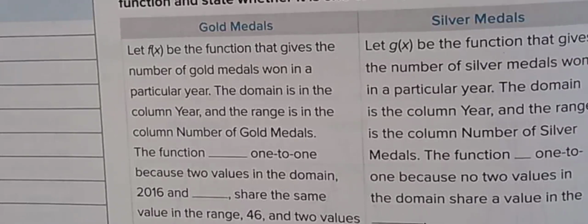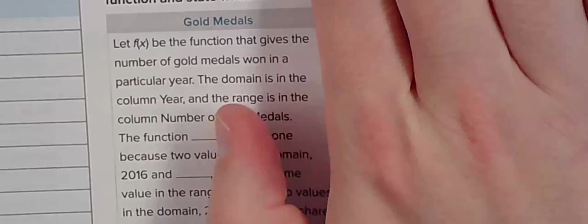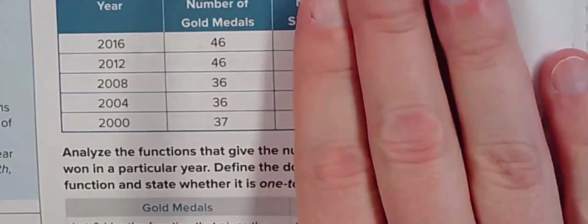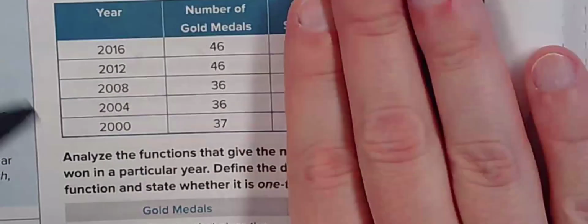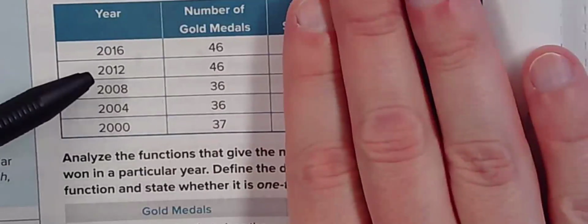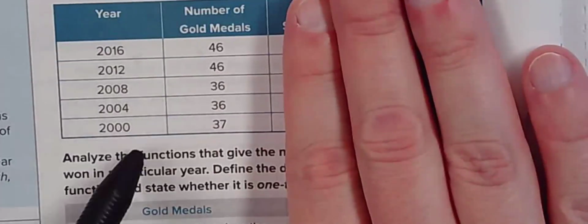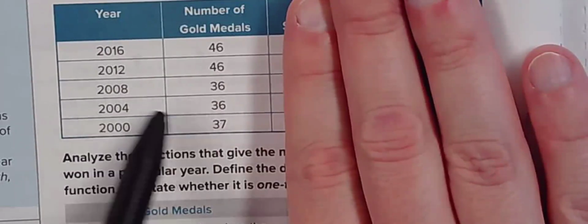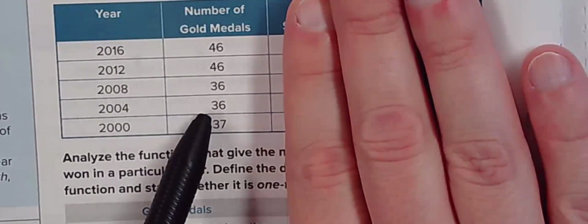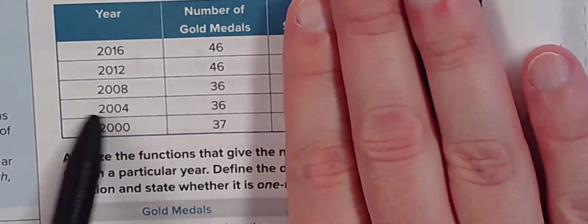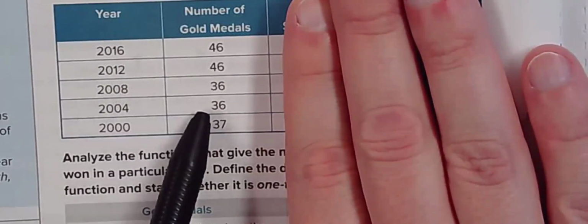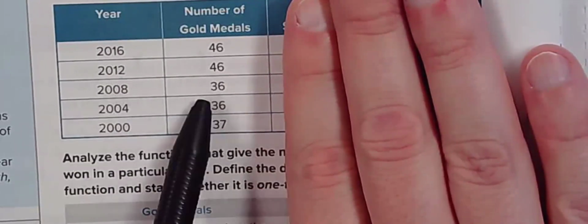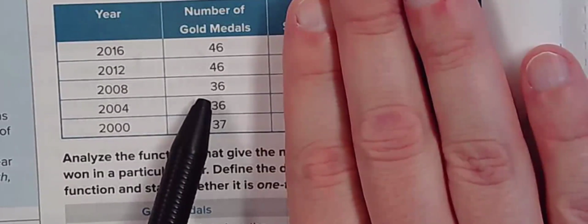Yeah, only one element in the range. Is that true for gold medals? For each element in the domain, is there only one corresponding value for the range? In 2004, that means that 36 would need to be a unique value. When you get to 2008, what do you see? 36.